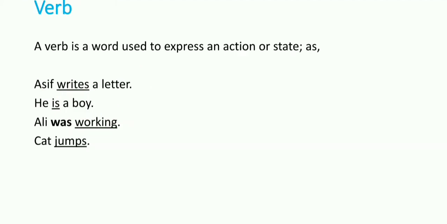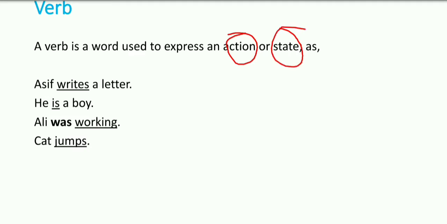Next we have the verb. A verb is a word used to express an action or state. Keep in mind, an action or a state. Here we have: Asif writes a letter. Here is an action. What is Asif doing? Asif is writing. But if we say, he is a boy, now here is not an action; it is telling the state of a person.